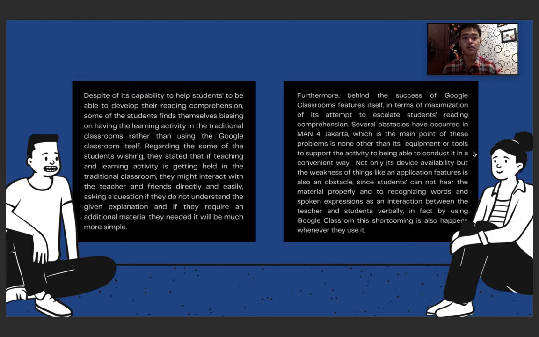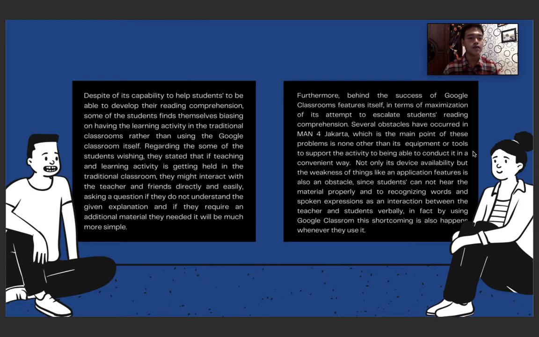And furthermore, behind the success of Google Classroom features in maximizing its attempt to escalate students' reading comprehension, several obstacles have occurred in MAT 4 Jakarta. The main point of these problems is none other than the equipment or tools to support the activity so it can be conducted in a convenient way.